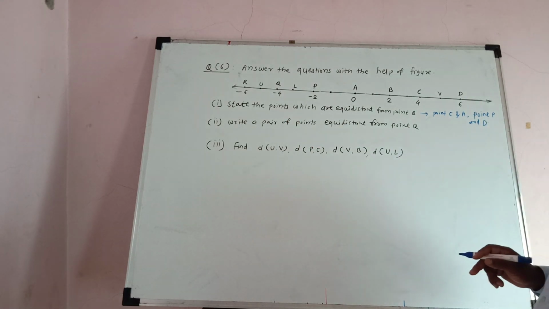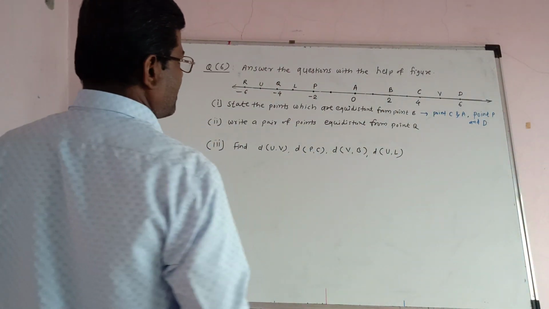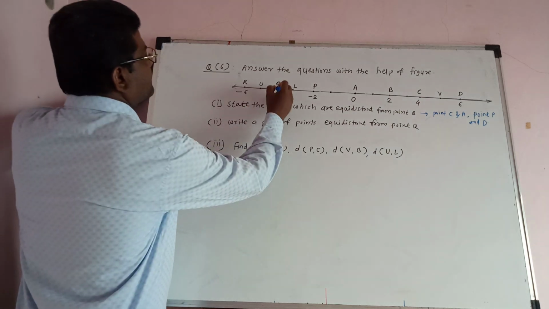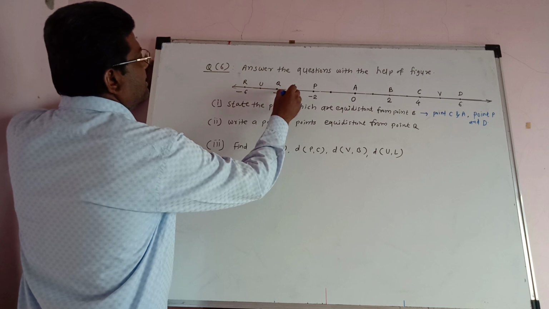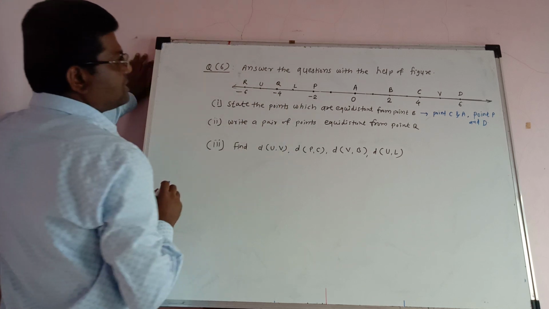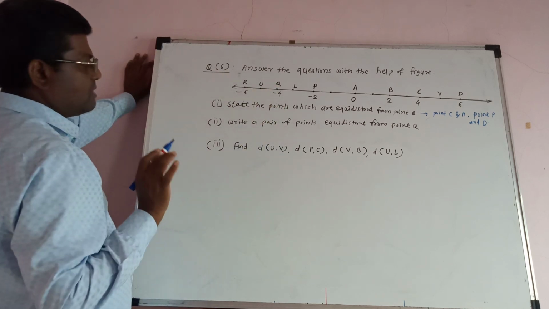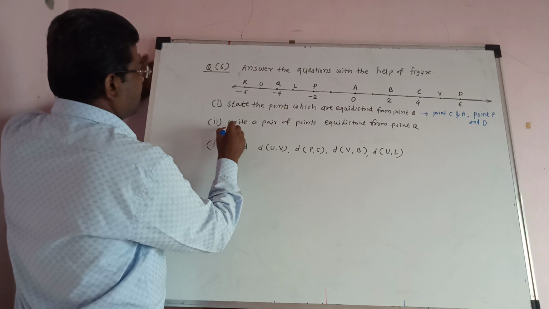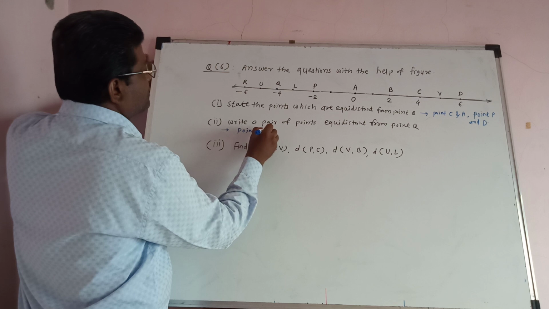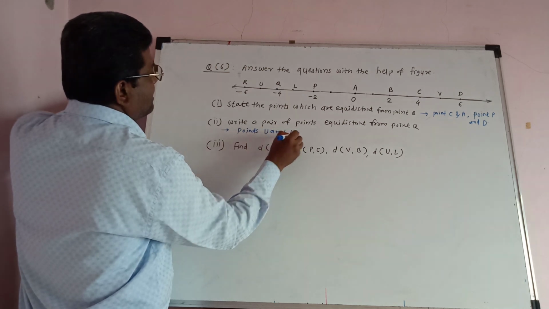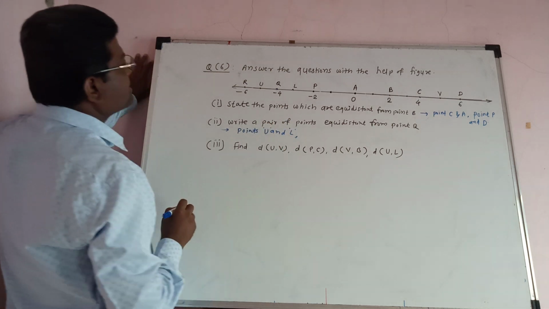Now question number 2. Write a pair of points equidistant from Q. Let us see. From Q, toward the right, point L is at 1 unit distance, and toward the left, point U is at 1 unit distance. Therefore its answer is points U and L are equidistant.